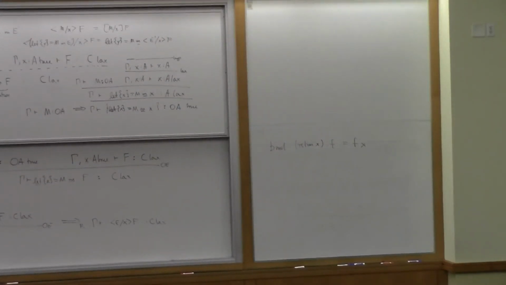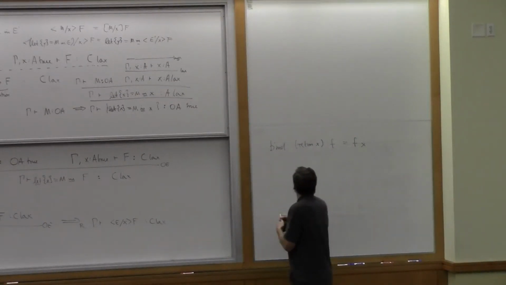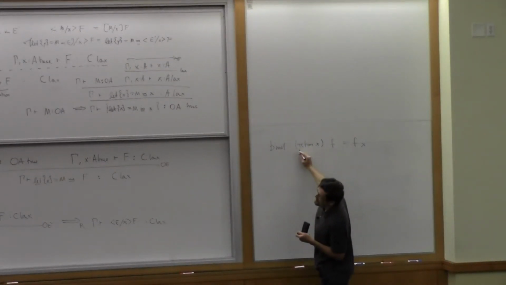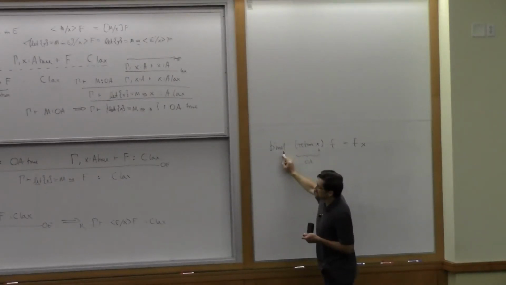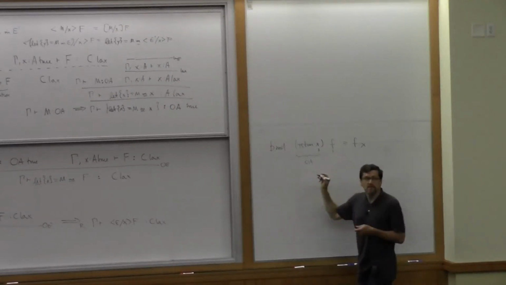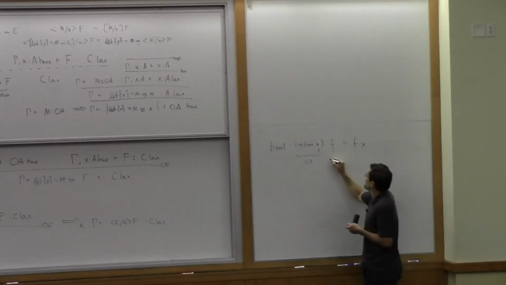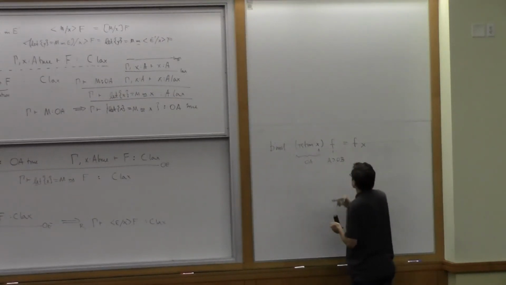Does it make sense from the typing point of view? Let's just verify that, okay? So the first argument to bind should be of type circle A. So x should be of type A, right? So that return x is circle A, which is okay as the first argument to bind. And the second argument of bind is type A arrow circle B, okay?